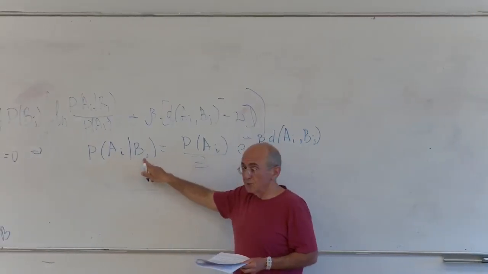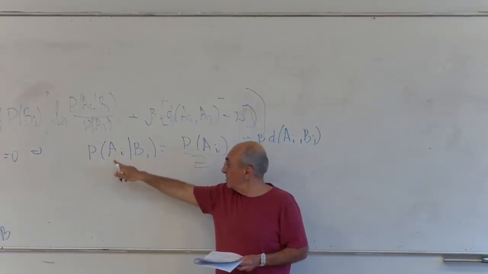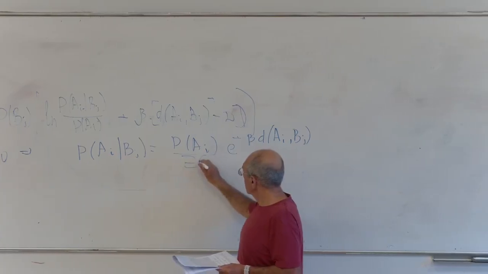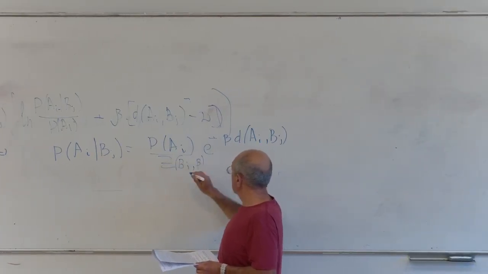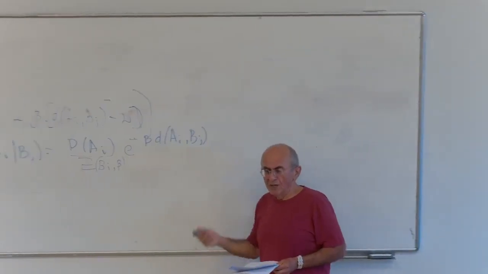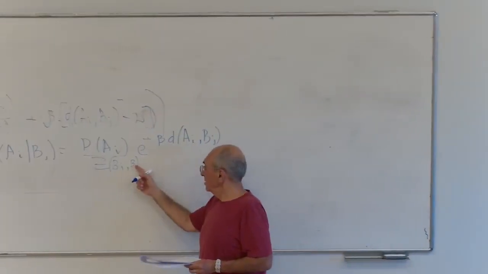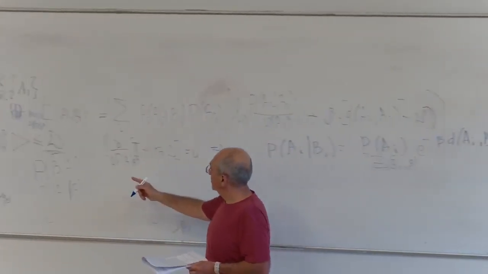It only depends on this. This is a conditional probability, conditioned on B, so that depends on b_j, and of course the value of beta, which is expressed through this number D.